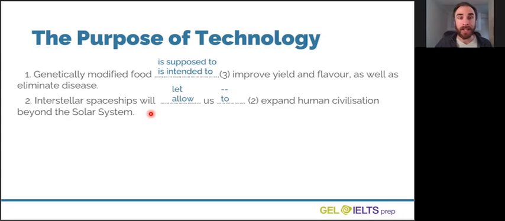The correct answer is allow us to. Interstellar spaceships will allow us to expand human civilization beyond the solar system. We can also say let, but remember the verb let does not get followed by to. Will let us expand human civilization.